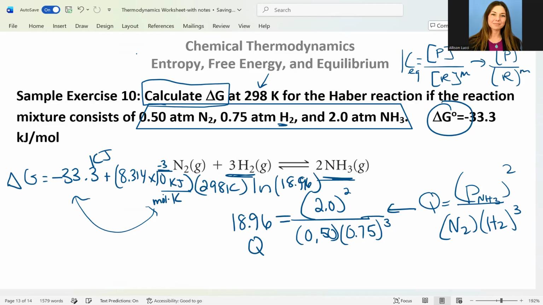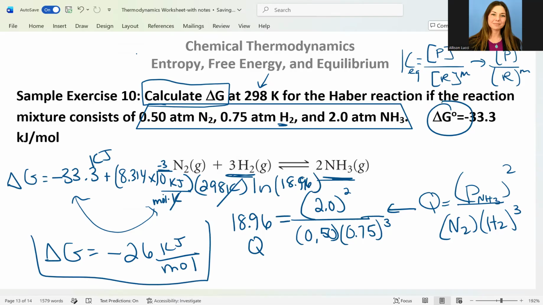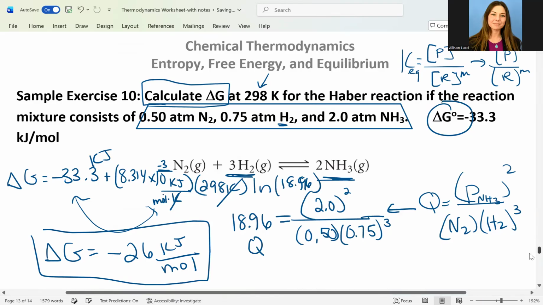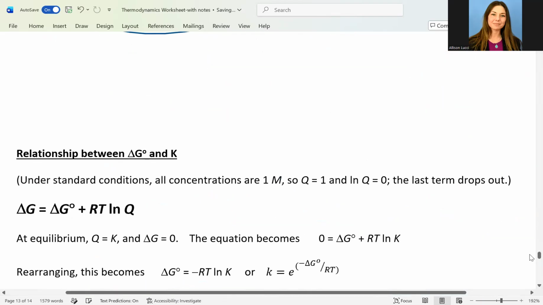Both of these will end up being in kilojoules when Kelvin cancels. And we should find that we end up solving for delta G as negative 26 kilojoules per mole. This would indicate a spontaneous reaction, the same way as when we solved for delta G naught, or delta G at standard conditions.